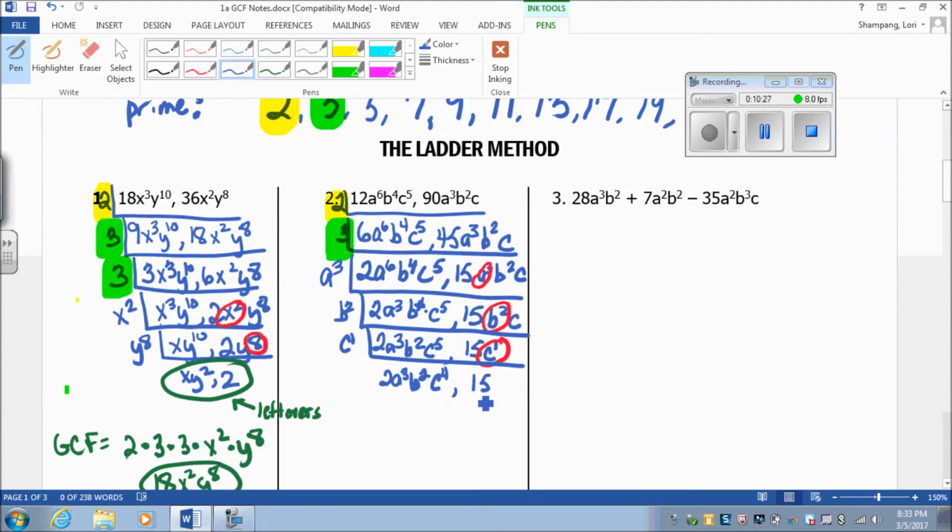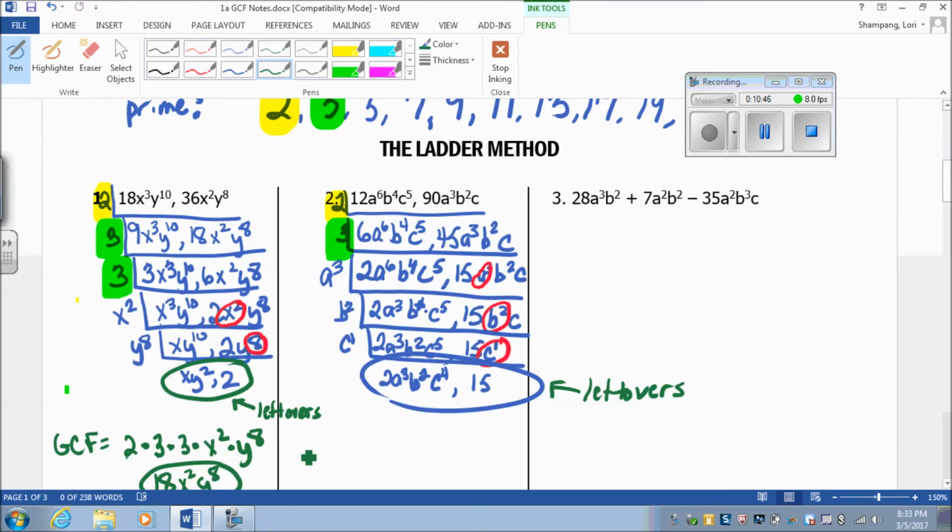So these again here are our leftovers. Those are the prime terms that are left over that we can't find any common factors for.